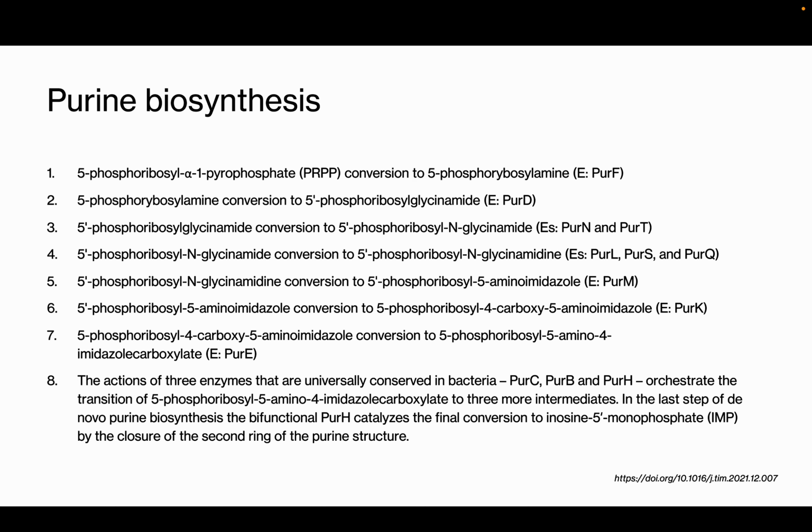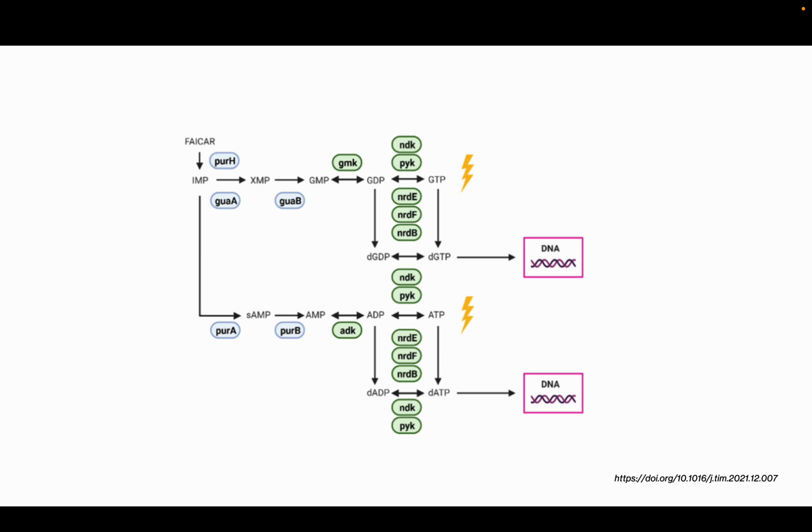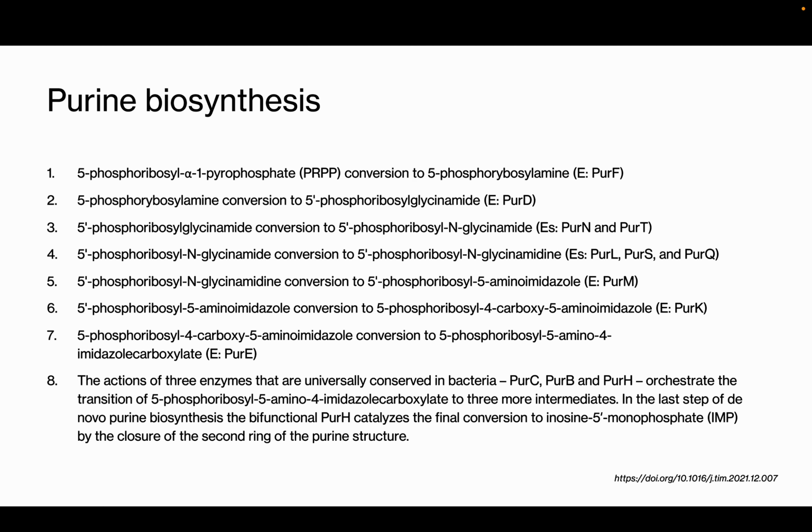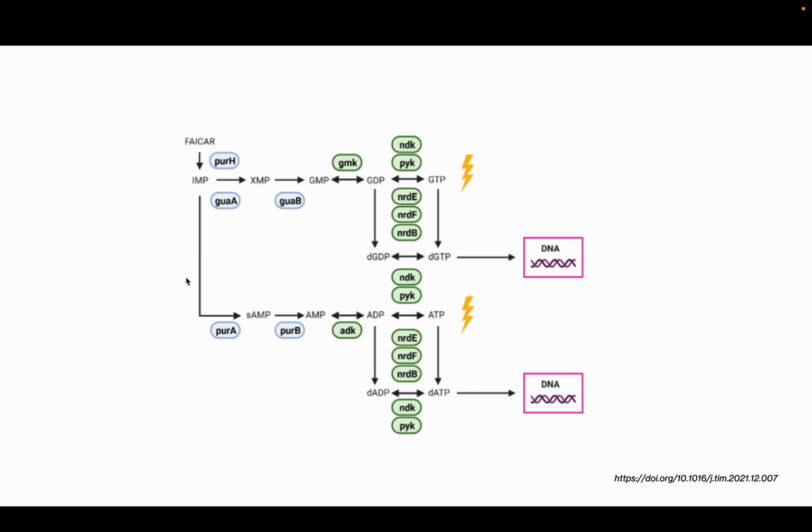In the last step, the final enzyme that carries out the production of IMP, inosine 5 monophosphate, is PurH. PurH catalyzes the reaction from the final intermediate, FAICAR, to inosine 5 monophosphate.